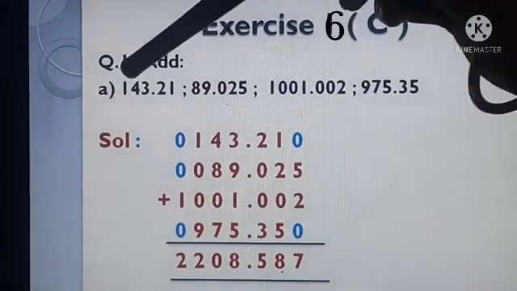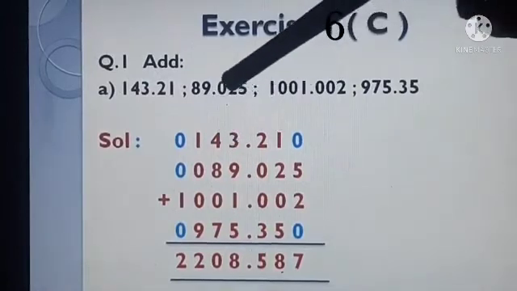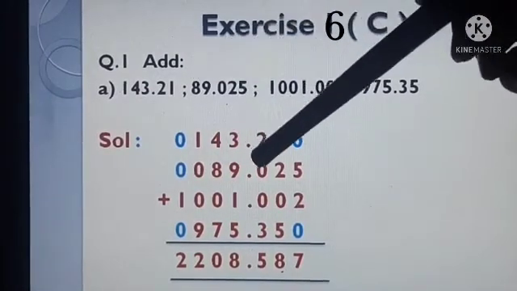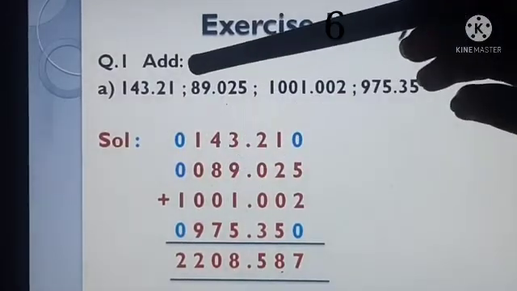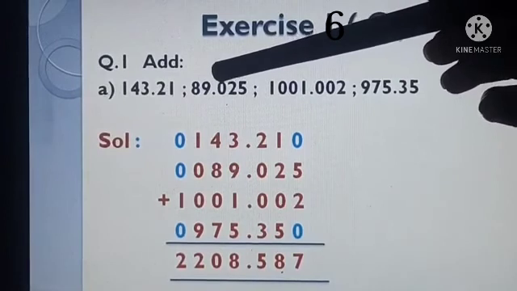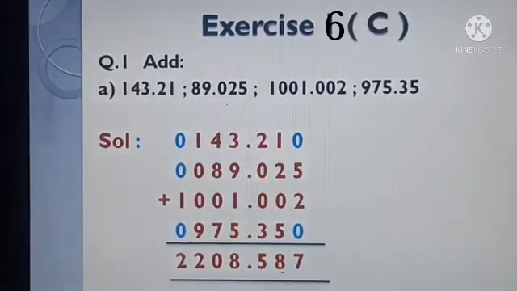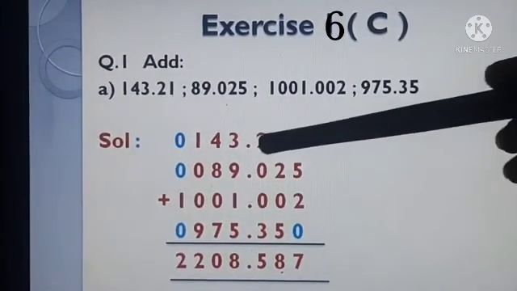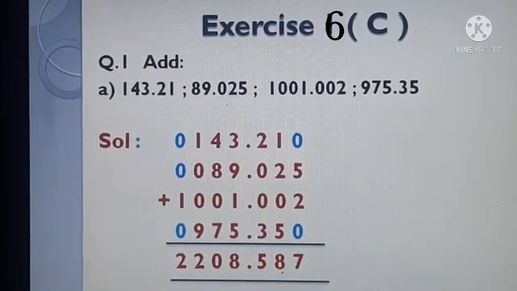So, first of all, we will write down 143.21 and now 89.025. 8 is at 10th place, 9 is at 1st place. And then in the decimal, 0 is at 10th place, 2 at 100th place and 5 at 1000th place. So decimal के नीचे decimal आप लगाएंगे, then your number will be written in the correct way, right?